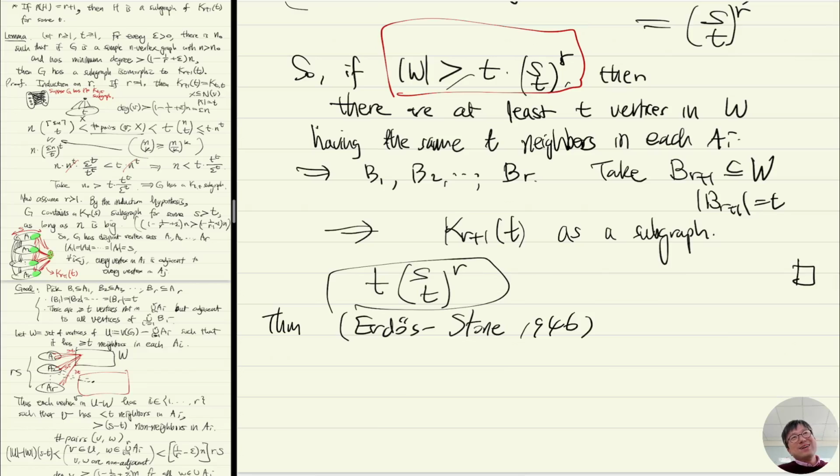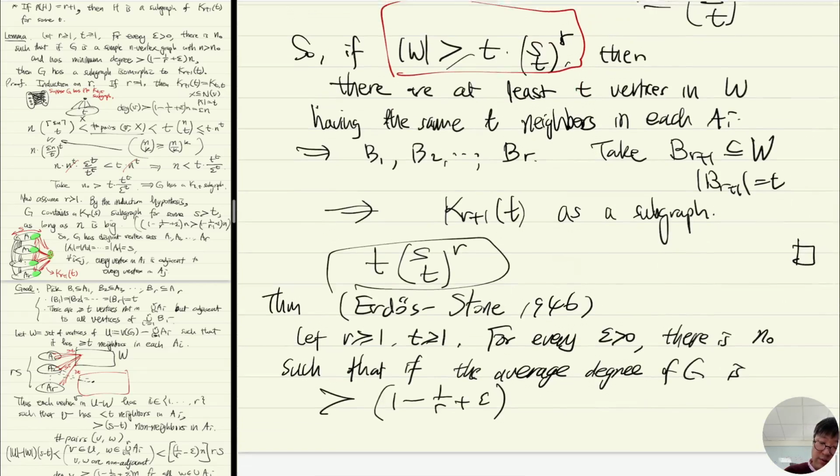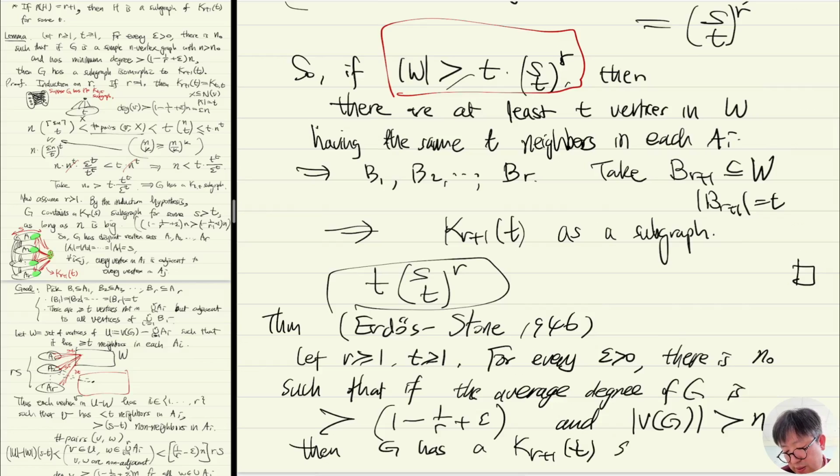In 1946, it's a bit earlier than the Erdős–Stone–Simonovits theorem, and it says that for every epsilon there is n0 such that if the average degree of G is at least 1 minus 1 over R plus epsilon, and the number of vertices of G is bigger than n0, then G has a K_{R+1}(T) subgraph.